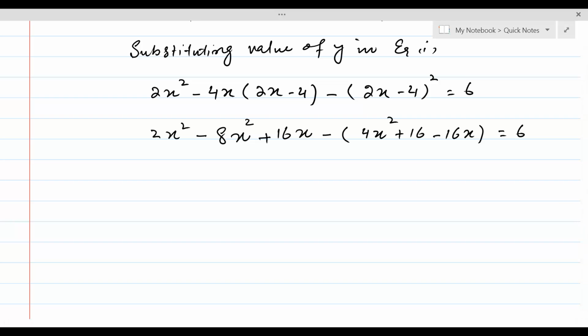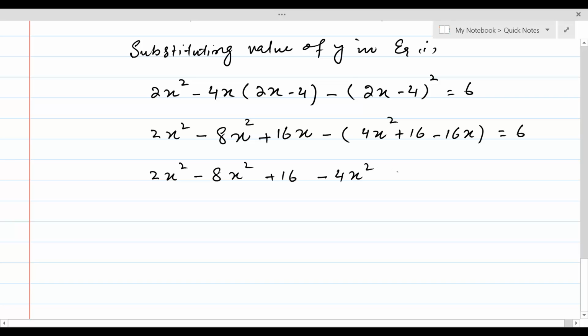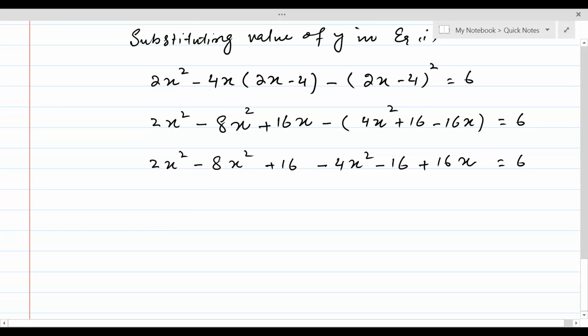So now let's simplify this further. This is 2x square minus 8x square plus 16 minus 4x square minus 16 plus 16x. Due to multiplication of negative inside the bracket, all the signs inside the bracket will change, and this all will be equal to 6.